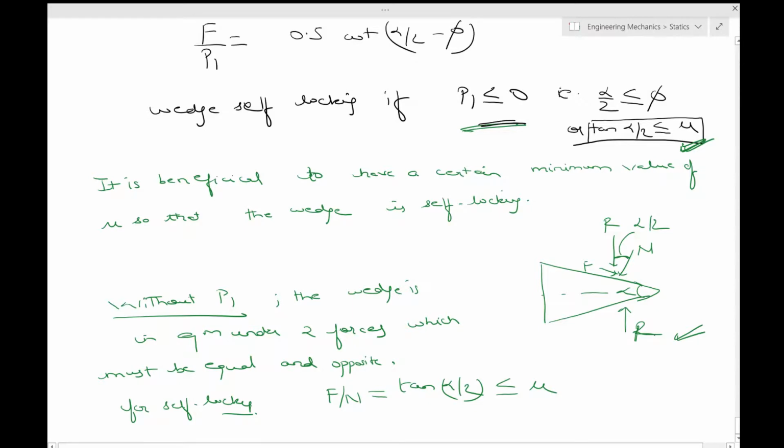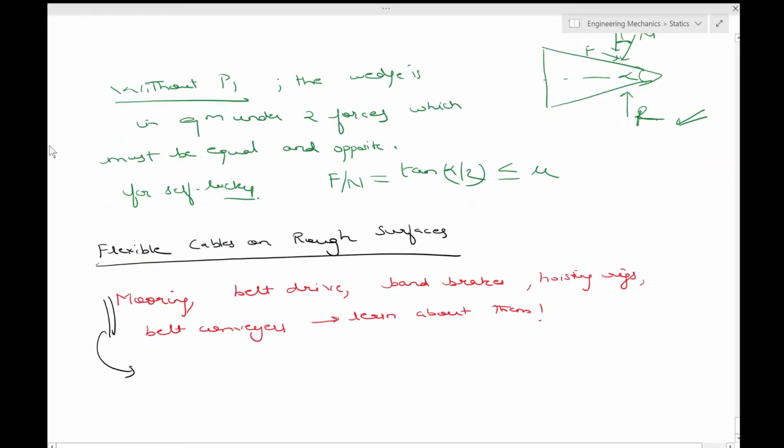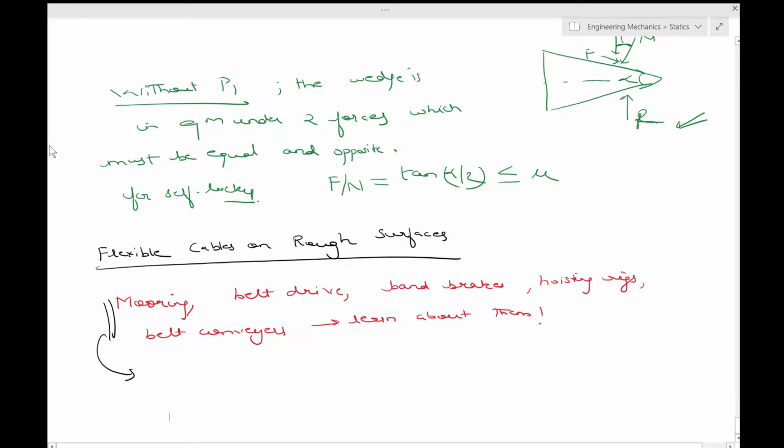Okay, so that ends our discussion about at least some of the special cases of friction. Before we learn about flexible cables on rough surfaces, I request you to please look up how flexible cables on rough surfaces are used in moorings, belt drives, band brakes, hoisting rigs, and belt conveyors.